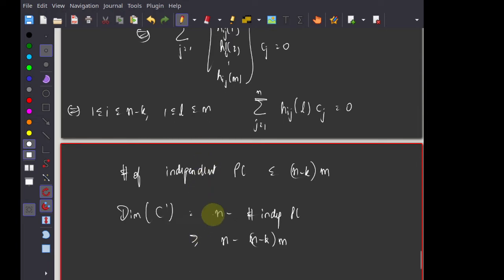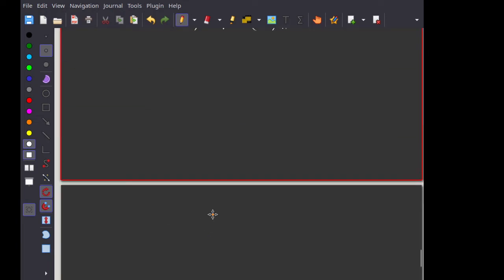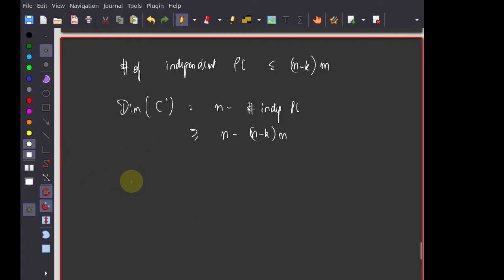Okay, but what about the minimum distance? I don't know if this new code is MDS.